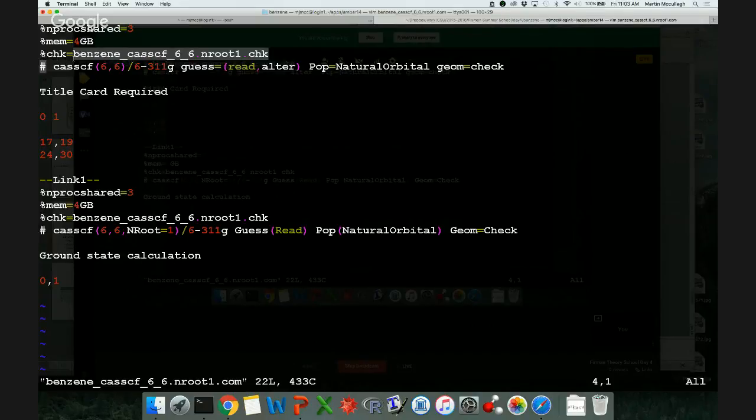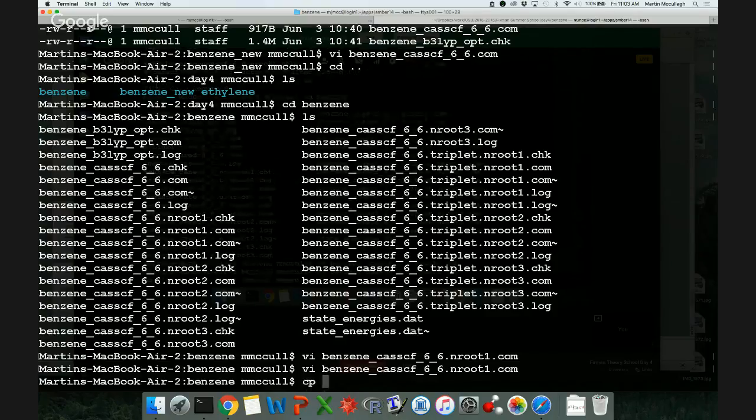So what I'm going to do is just copy my DFT checkpoint file to that name. It will then read initially the DFT wave function, orbitals and stuff, and geometry, swap them, and overwrite that checkpoint file. Okay, so that's as simple as taking my DFT checkpoint file, which is right here, and copying it to this one. And you have to do that before you run that job, okay?